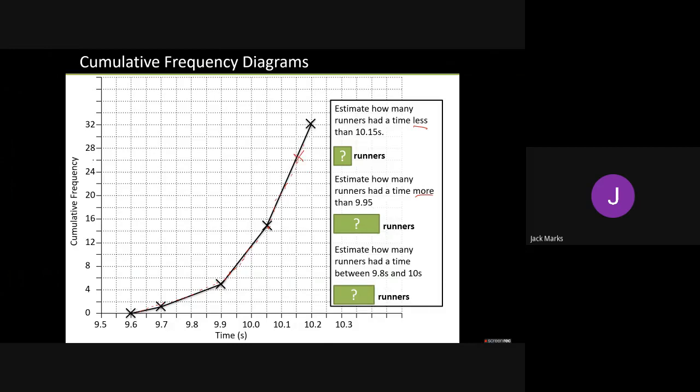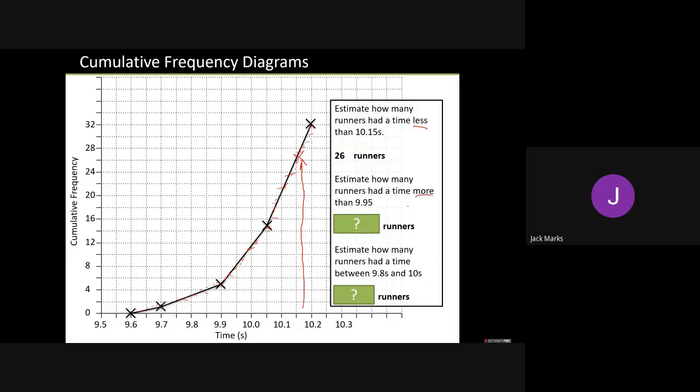And what you're doing is adding up all the people here. So everybody to the left here, these 26 people, these were the fastest 26 people. So these 26 runners were very, very quick indeed. Whereas the 6 people left here were the slowest 6. I always find it's useful putting this into context, what this shows you.